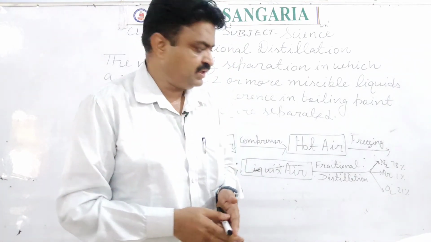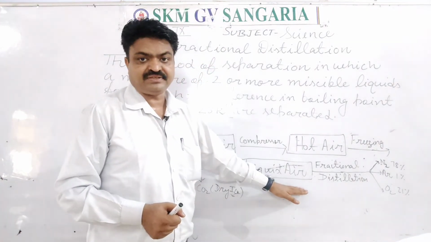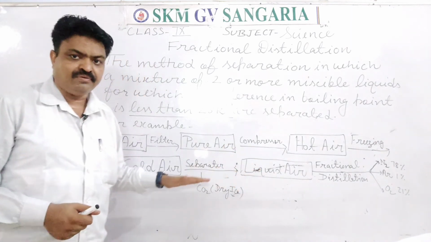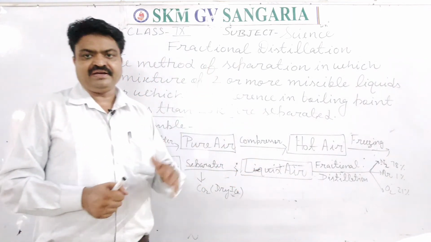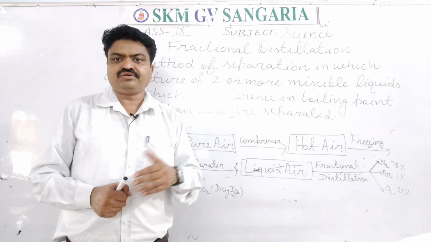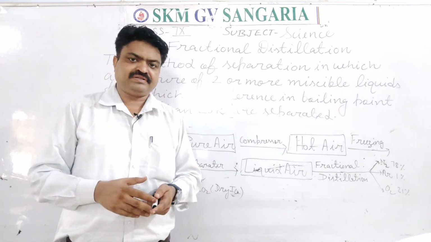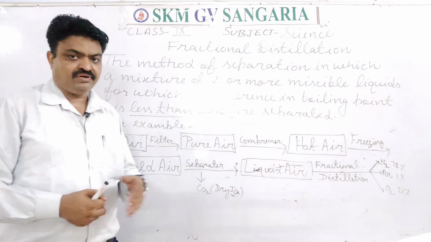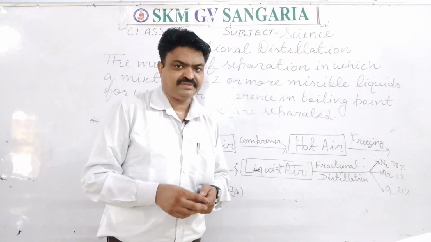With its help we can obtain different gases, and we can also obtain carbon dioxide in the form of dry ice. So that is the method of separation, student.